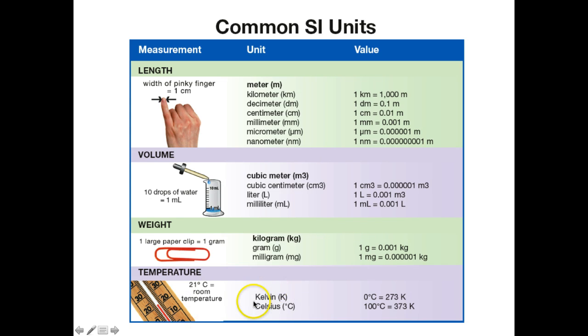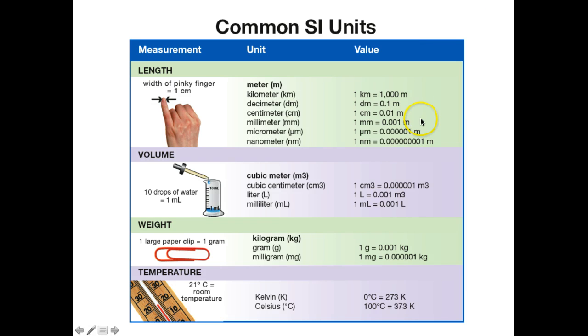And then there's also this Kelvin scale. We'll talk a little more about the Kelvin scale. Don't expect you to know it right now. Numeric values, the prefixes: you should know metric prefixes. Kilo represents 1,000. Deci is a tenth because there are 10 decimeters that make up 1 meter.